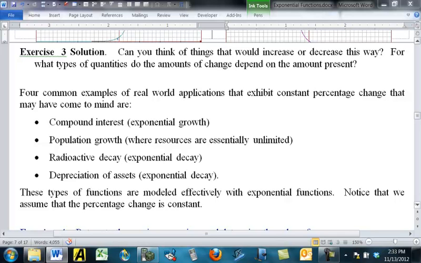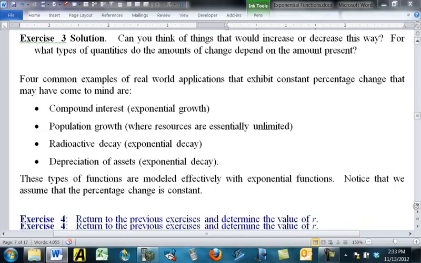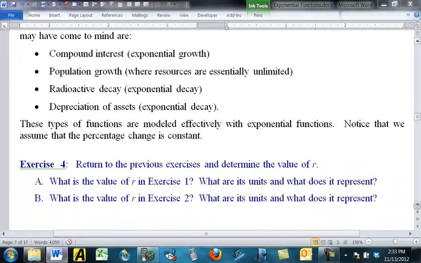And a good model for depreciation in value of assets would be where they go down by a certain percentage each time, and that would be an exponential decay. So a couple of these are growing, the compound interest and the population, and a couple of these are getting smaller, decreasing, the radioactive decay and depreciation of assets. And there are others, but those might be a couple that are pretty common.